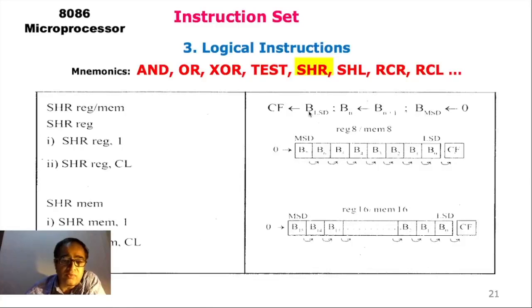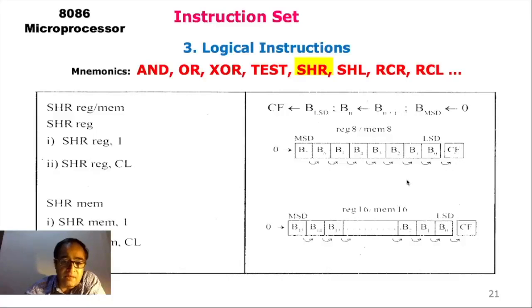Shift right. Shift right means that we are moving towards the right, and anything which goes out of the register is discarded. As you could see over here, when we are moving towards the right, the bits are propagated to the next consecutive place, and the least significant bit goes out and is sent to the CF.